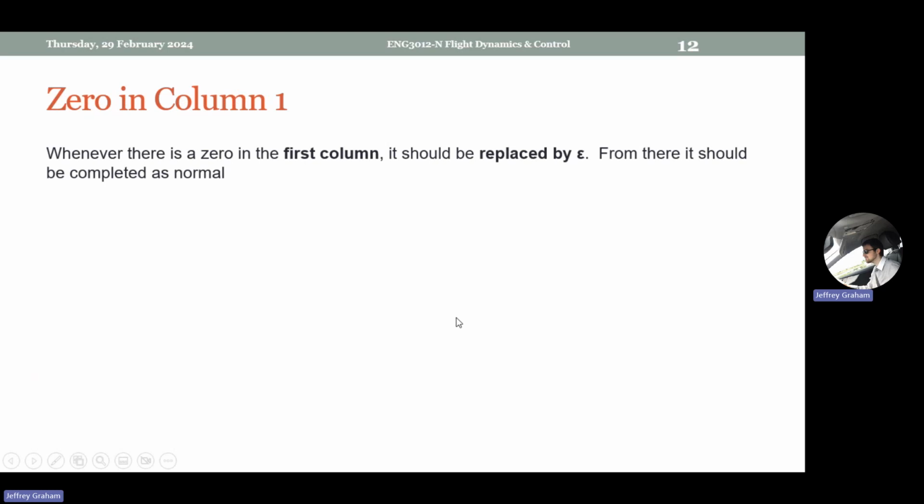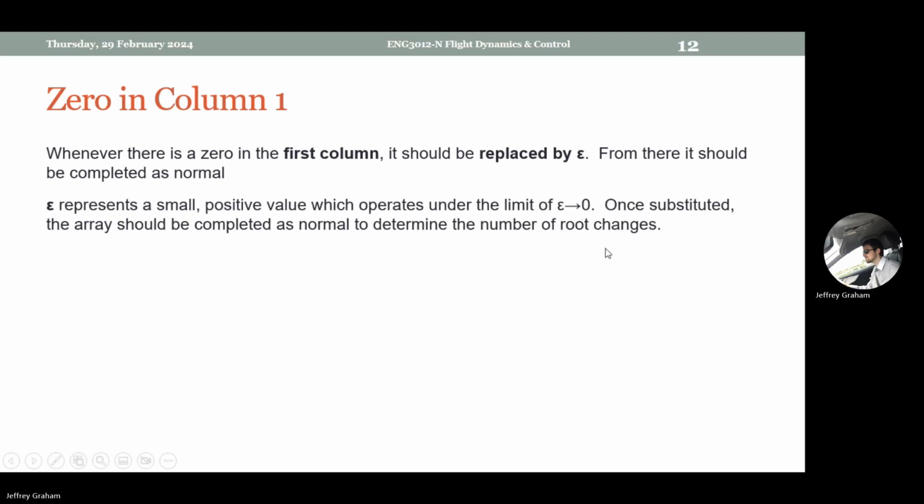Right, first one is when there is 0 in the first column, but the rest of that row will have numerical terms. We replace the 0 with the Greek letter epsilon. You complete it as normal, but it's a little bit awkward now. There's going to be an algebraic term involved. When we do the analysis at the end, the value of epsilon is positive, but infinitely small.